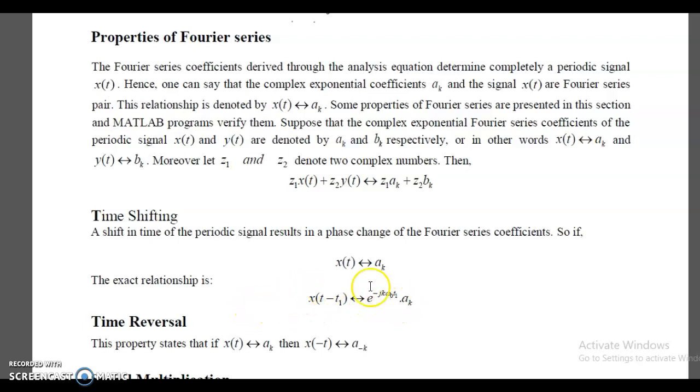So this is how the time shifting is incorporated in the Fourier domain.